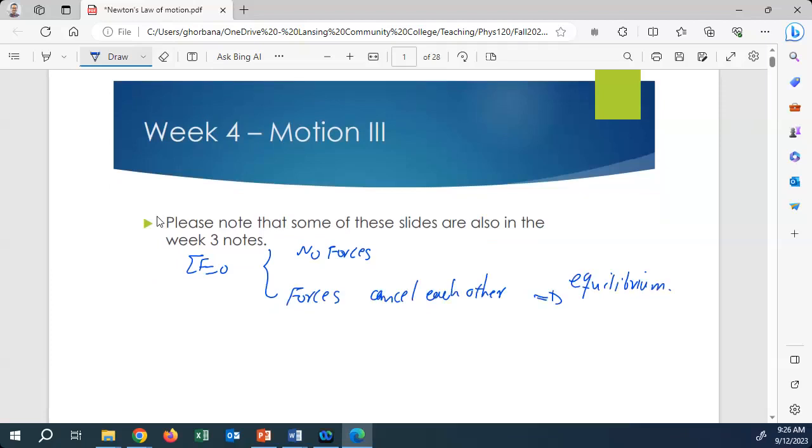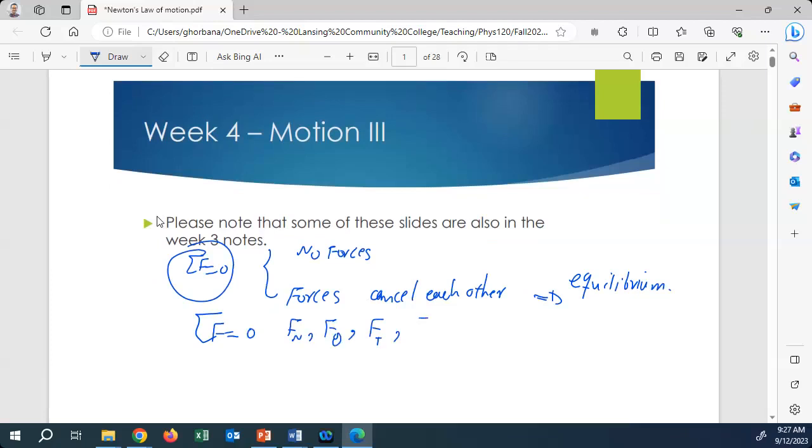So what was equilibrium? Equilibrium means that the net force equals zero. We need to identify all forces in the system. How many forces do we have? We have a normal force, force of gravity, force of tension. What else do we have?